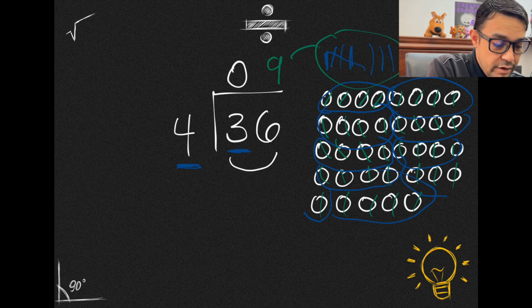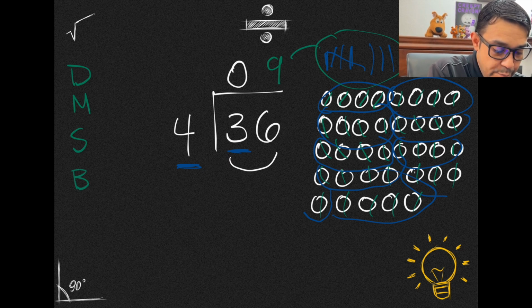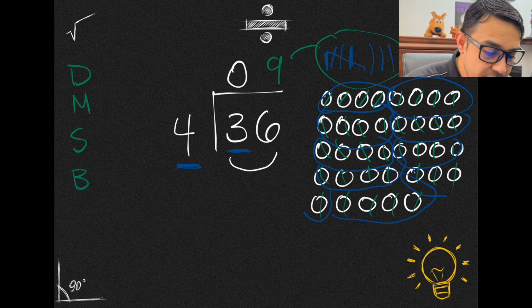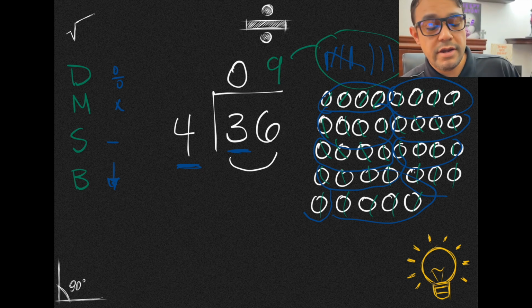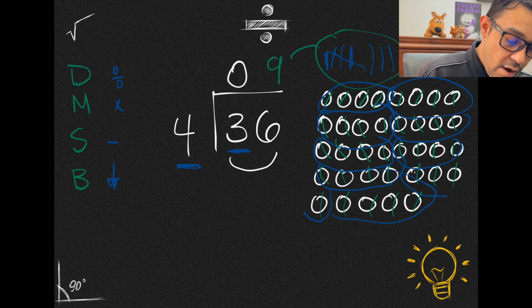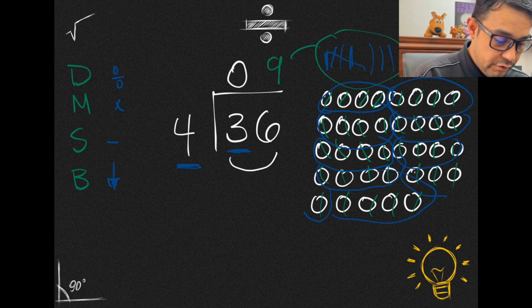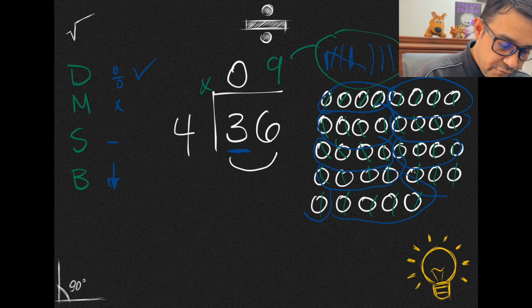Now, does McDonald's sell boogers? What does this mean? This means divide, multiply, subtract, bring down. Okay, now, we did our division. Check. Now we multiply. What is 4 times 9?